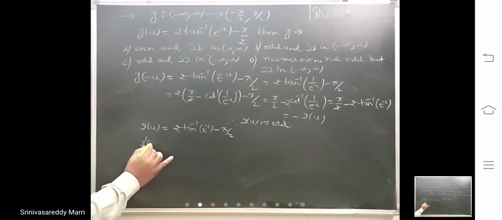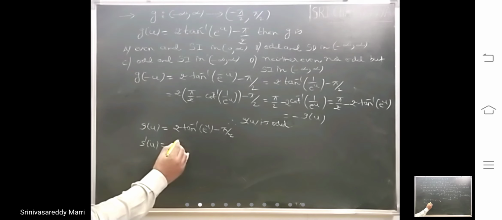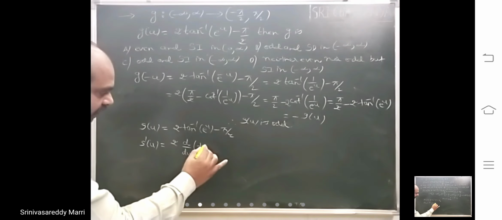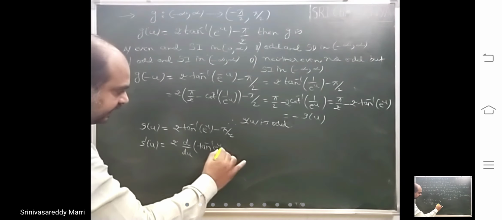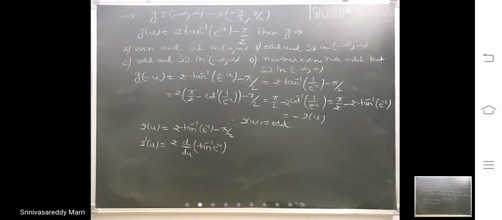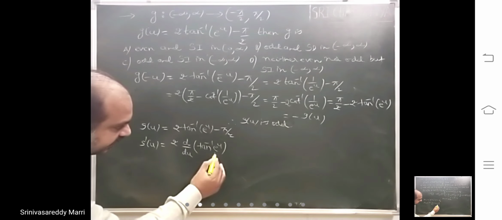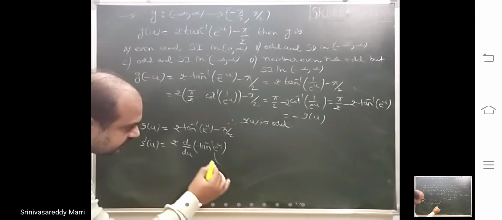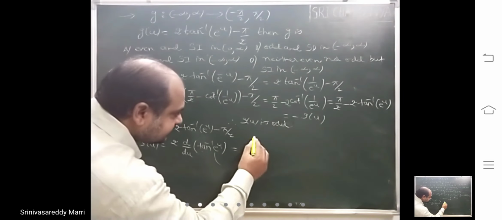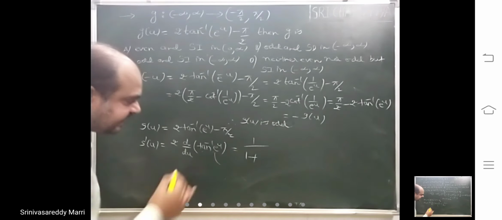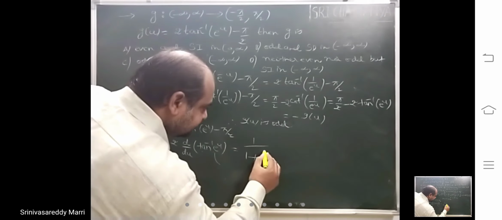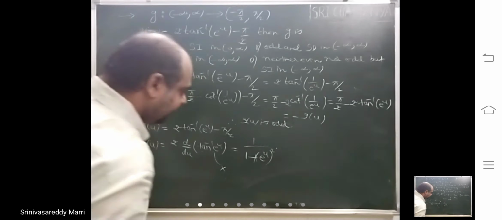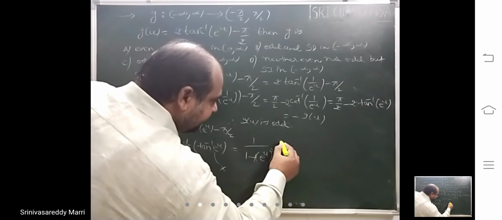Derivative is nothing but g dash u equals 2 into d by du of tan inverse of e power u. Tan inverse is 1 by 1 plus x whole square, treating e power u as x, into d by dx of e power u.